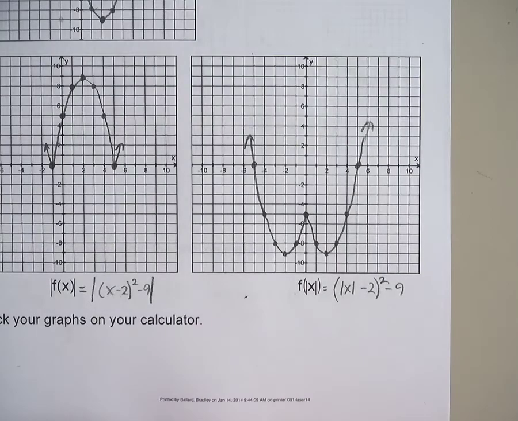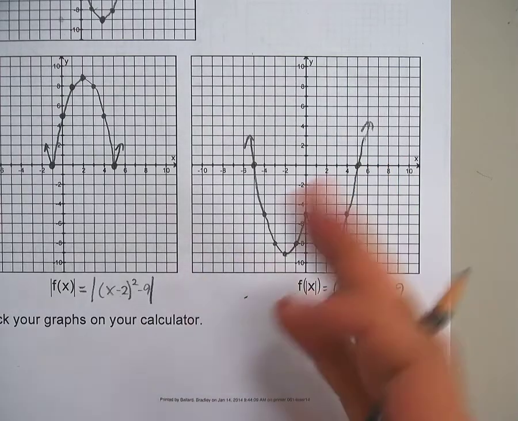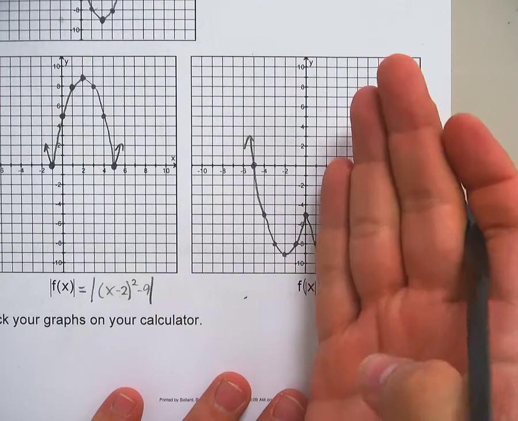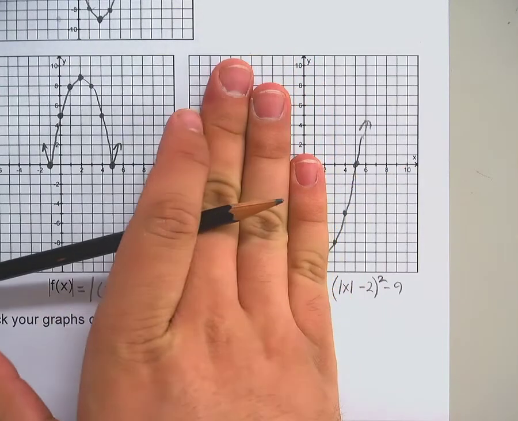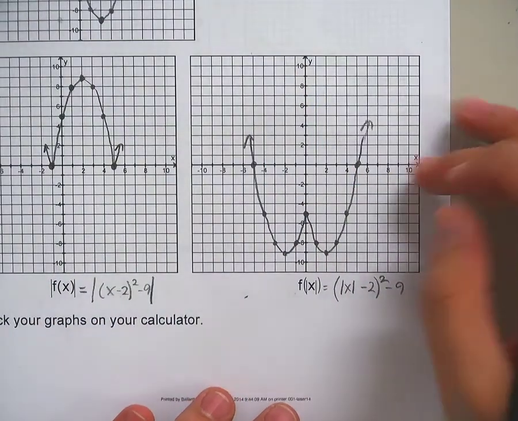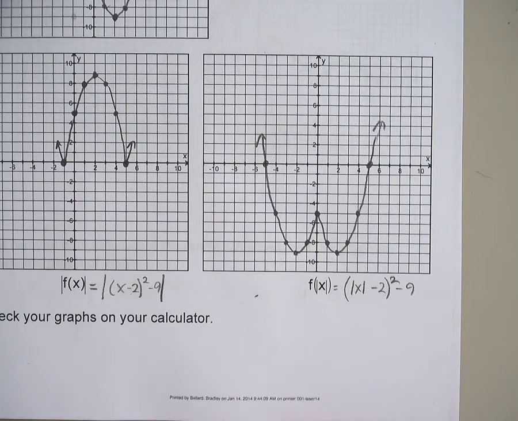Like an upside down McDonald's M. Alright? So again, that's the absolute value of x's. All your positive x's are reflected over and put onto the left side of the graph. And then obviously, you can check these on a calculator.